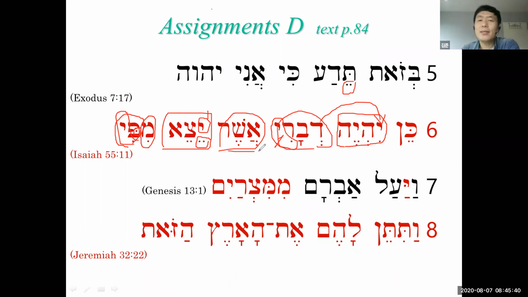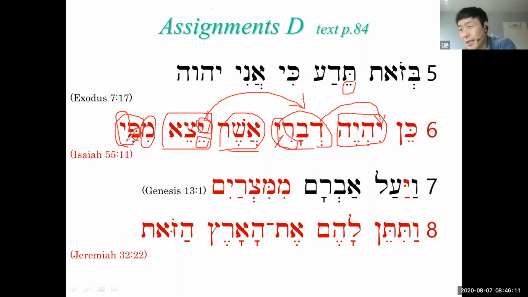And then this yod is indicating the subject, which will go forth from my mouth. One more time. In terms of literal translation, it's like, thus my word will be, that will go forth from my mouth.